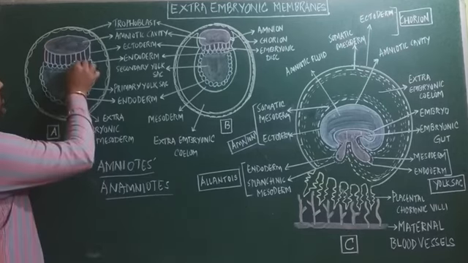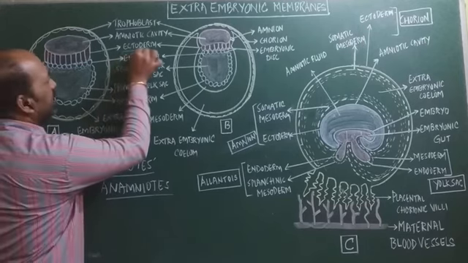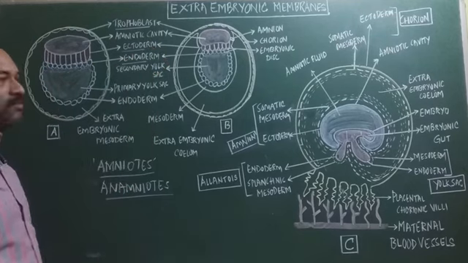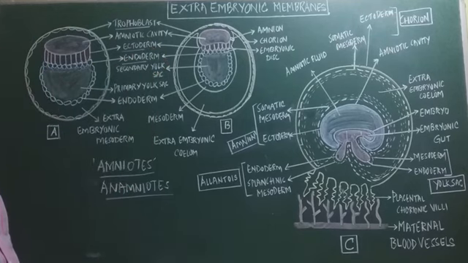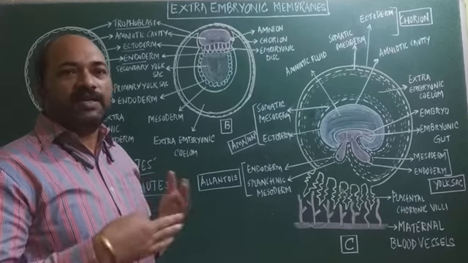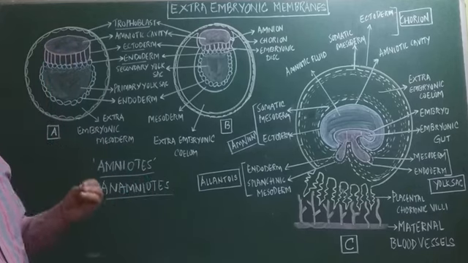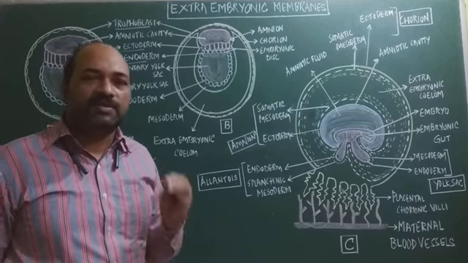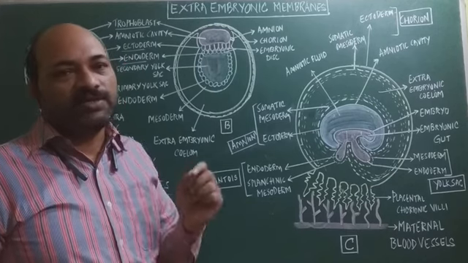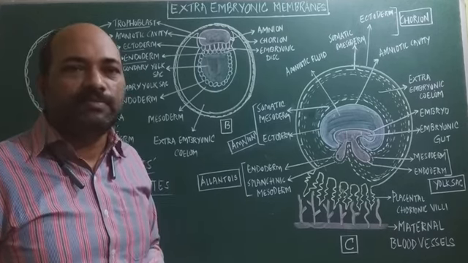In the embryonic development there are two layers, namely the ectoderm and endoderm, which together form a bilaminar embryonic disc, and later they get converted into a trilaminar embryonic disc, which consists of the three germ layers: first the endoderm, next the ectoderm, and the third the mesoderm.